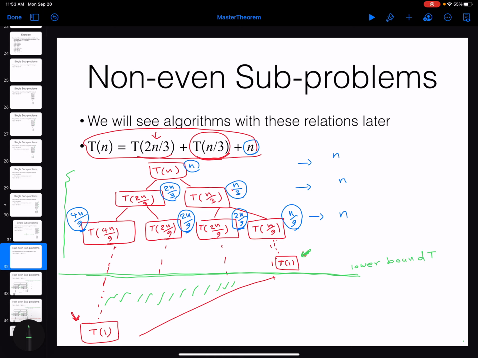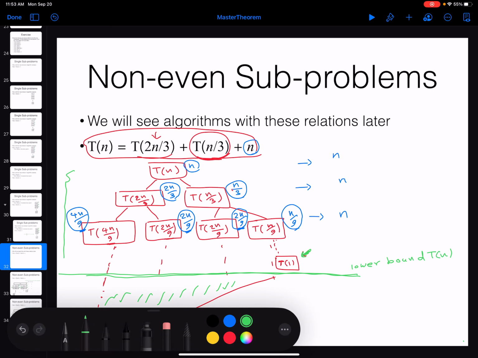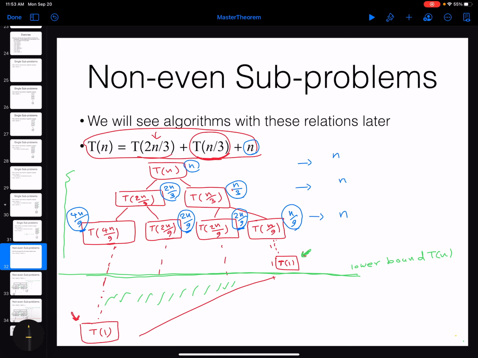for T of n. So what I'm going to do is find the cost for the lower bound, and then in the next step, I'm going to find the cost of a tree assuming you are growing it on all these values until the last level where you reach T1.